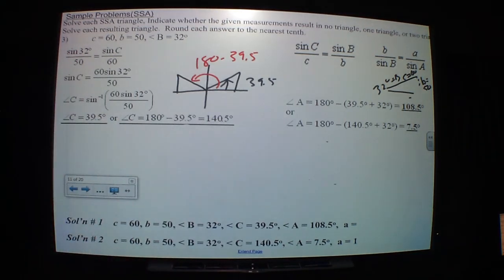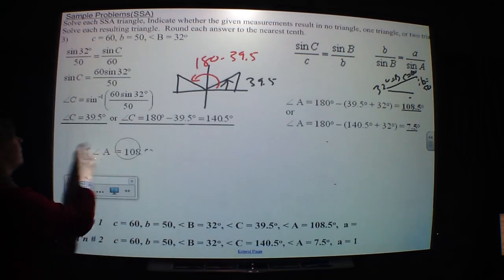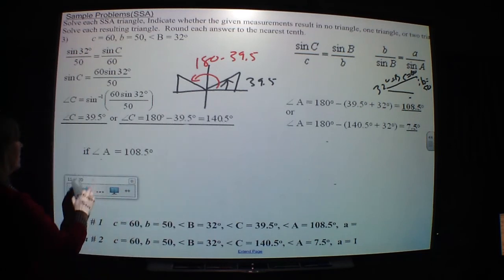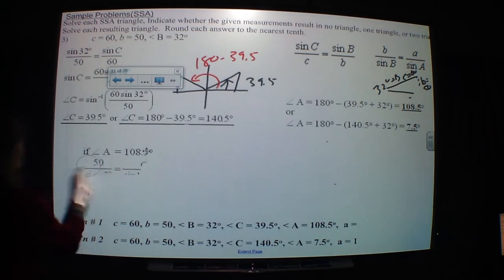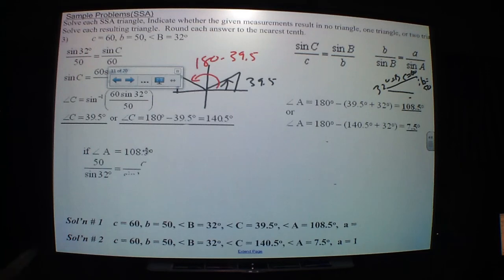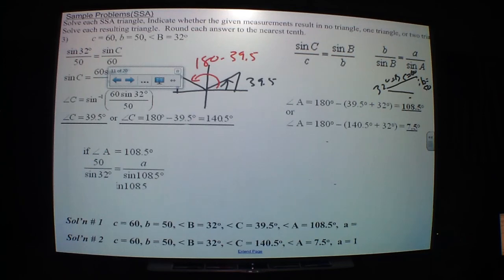And then using law of sines, you could figure out if the angle is 108 that I'm going with, the angle A, and angle C is, whatever it is, 39.5, use the law of sines to find side A. Given side C, put it in your calculator.